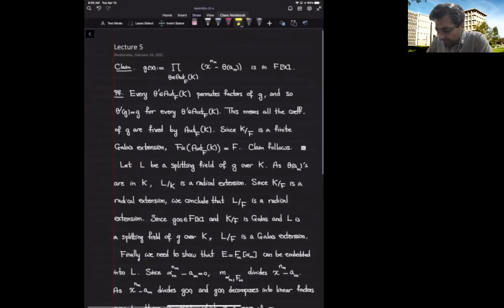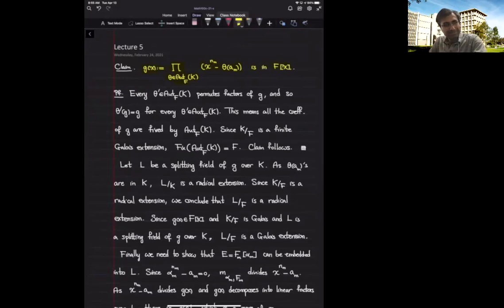And we consider the polynomial G, that is the product of x to the power n sub m minus theta of a sub m, as theta ranges over the F automorphisms of the field K. So I look at this polynomial, and the claim is that this is a polynomial in F bracket x.